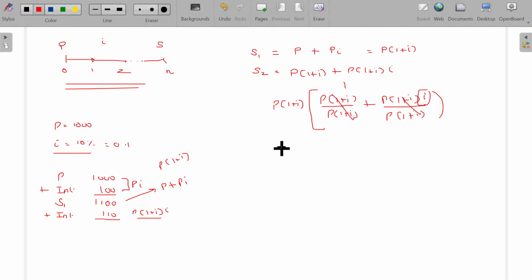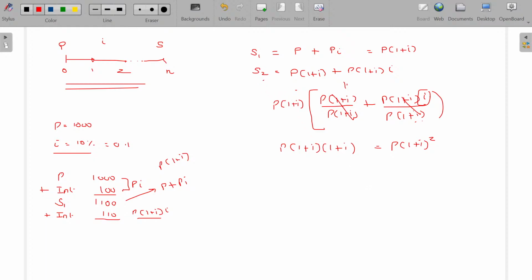So the answer being P into 1 plus I into 1 plus I. Is that clear? Within the bracket, P into 1 plus I divided by P into 1 plus I is nothing but 1, and P into 1 plus I into I divided by P into 1 plus I becomes I. So 1 plus I. You can now simplify this way: P into 1 plus I to the power 2.